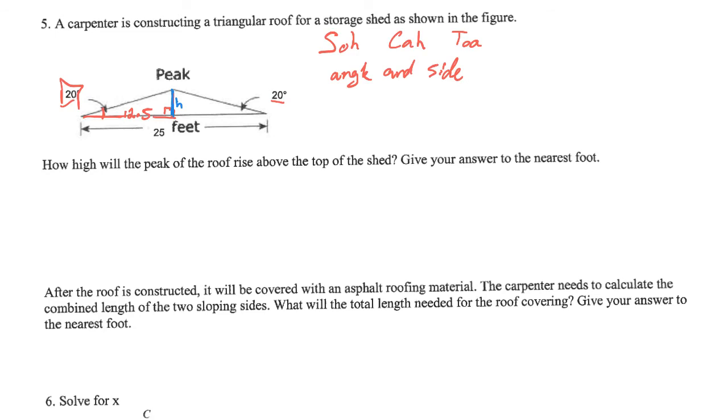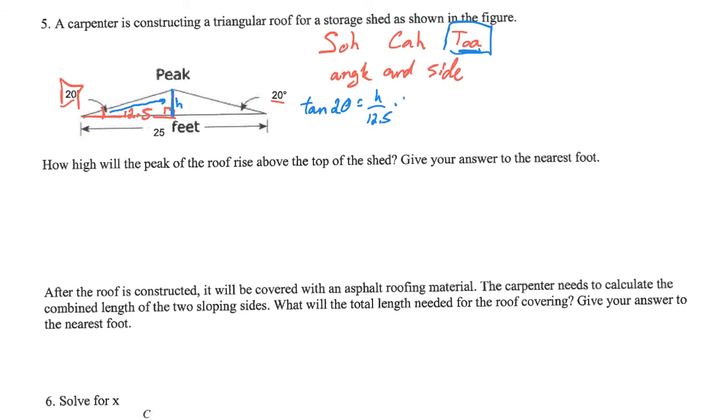So if we're looking for the blue line, you think, okay, that's opposite of my angle, and the 12.5 is adjacent to that angle. So what uses opposite and adjacent? Well, that's going to be the tangent, right? TOA. So you set it up: tangent of 20 equals opposite, which is the h, over adjacent, which is the 12.5.